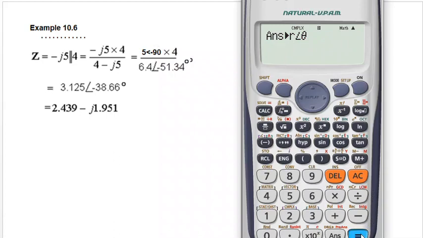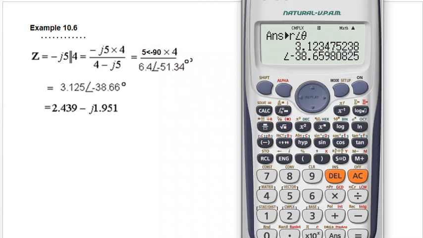We say yes, equal sign. So this is the answer in polar form. Again, it is not the usual form we are used to. So I'll press SD again. So this is now in the form we are used to. So 3.123, so 3.124 or 5 here, angle minus 38.6, so minus 38.66.